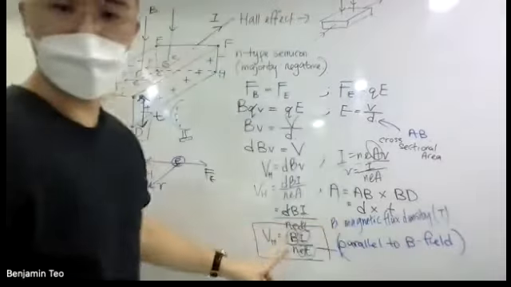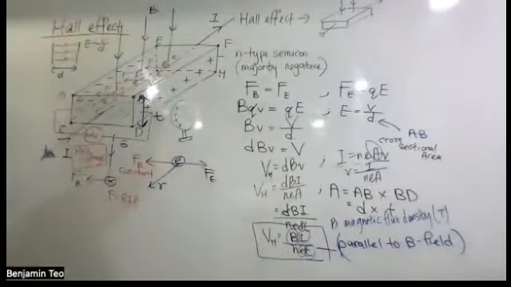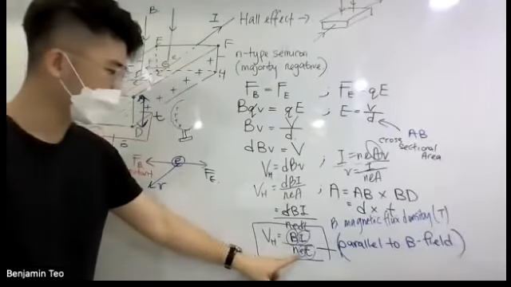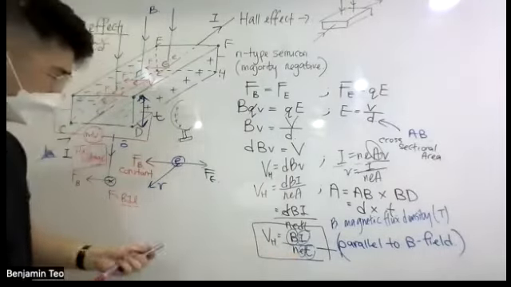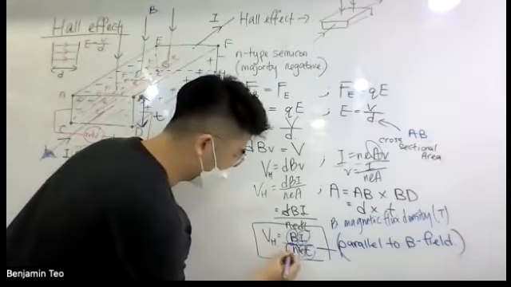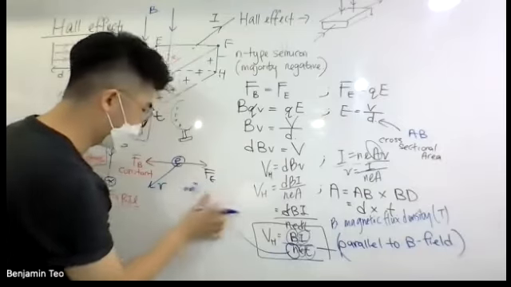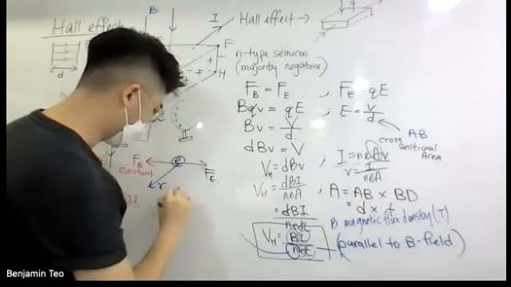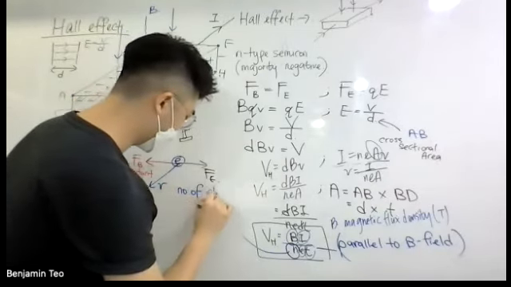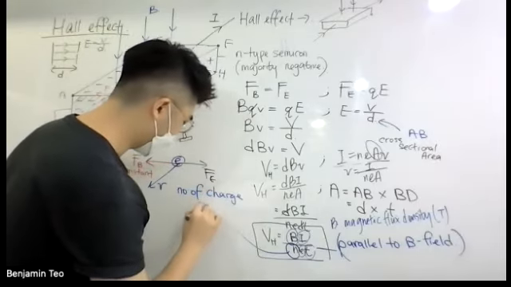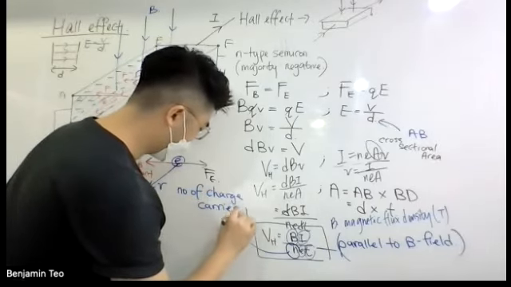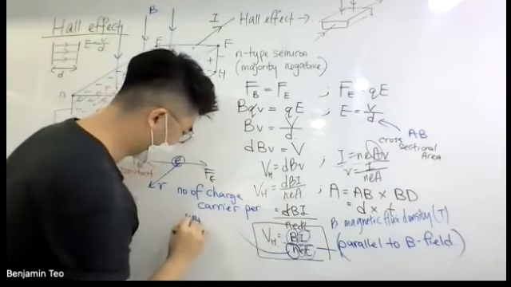That is the one that we put in the equation here. And n is the number of charge carriers per unit volume.